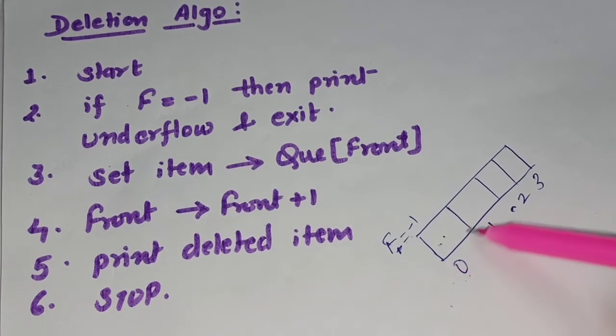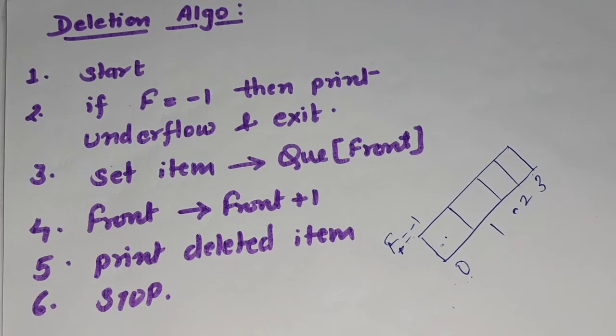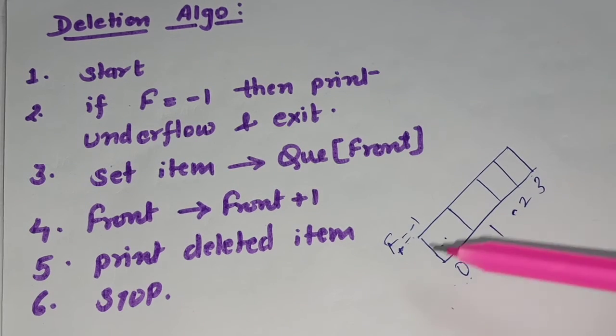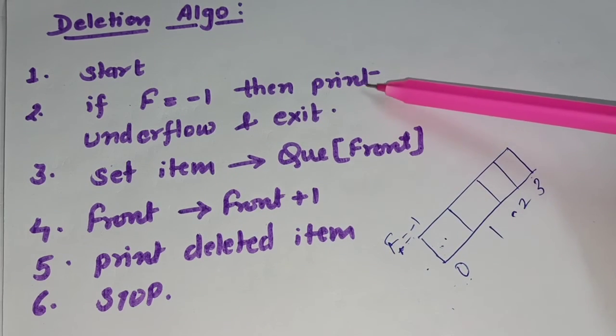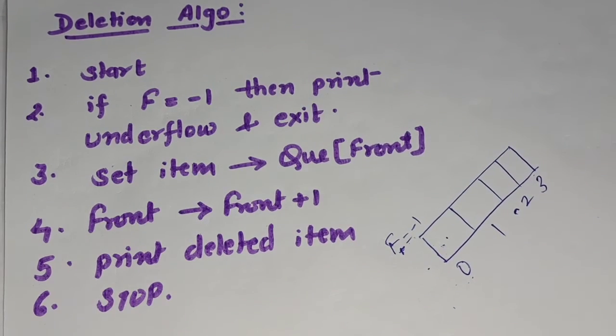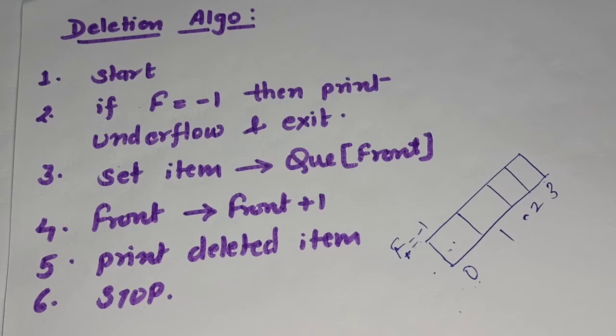It means your queue is empty. There is no element for deletion. If this type of situation occurs, what will we have to print? Then we have to print underflow condition and exit. When your front index is equal to -1, it means your queue is empty. Your queue is in underflow condition.